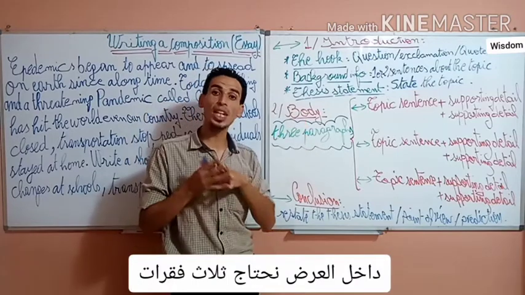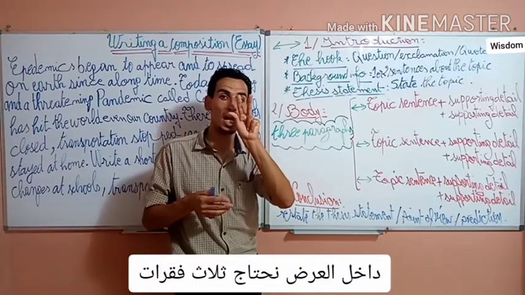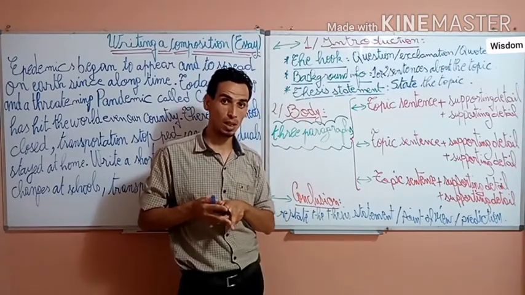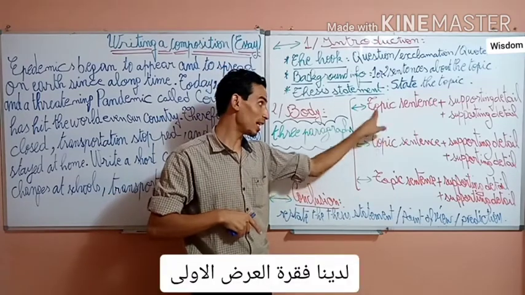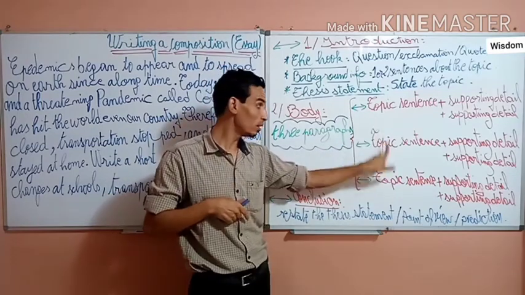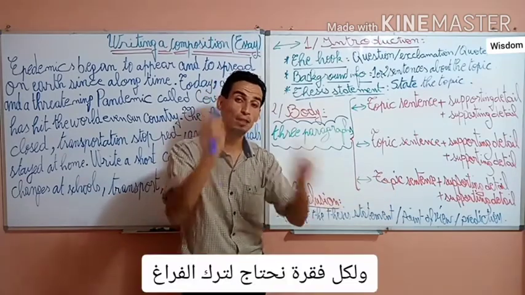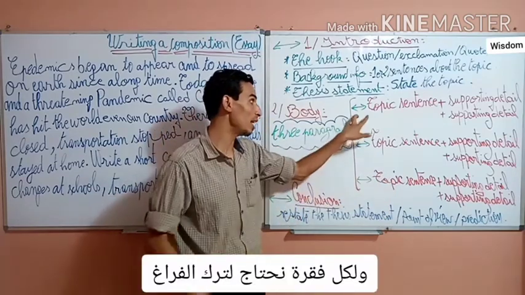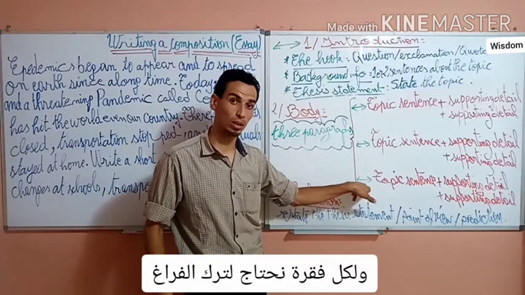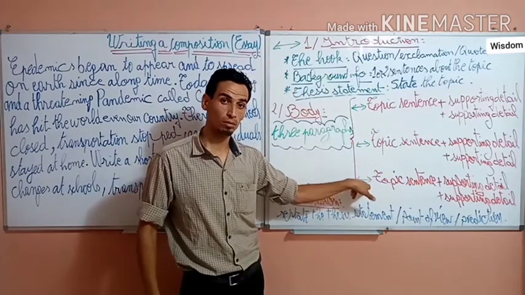Inside the body, we need 3 body paragraphs. We have body paragraph, it means paragraph number 1, paragraph number 2, and paragraph number 3. And for each paragraph, we need to leave indentation. Very important.